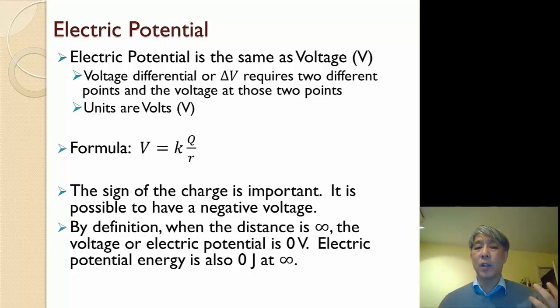It is quite easy to have a negative voltage. Negative 100 volts is perfectly fine. By definition, just like I did for electric field, when I'm so far away that r becomes infinity, my voltage basically becomes 0. So remember, at infinity, my electric potential will be 0.